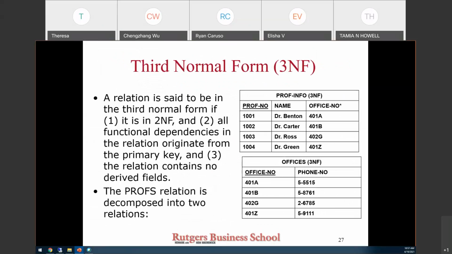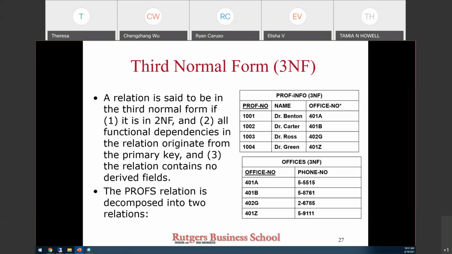A relation is said to be in third normal form if first it is in second normal form. Second, all functional dependencies in the relation originate from the primary key.